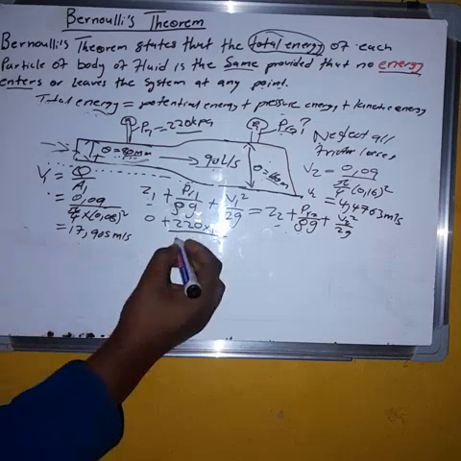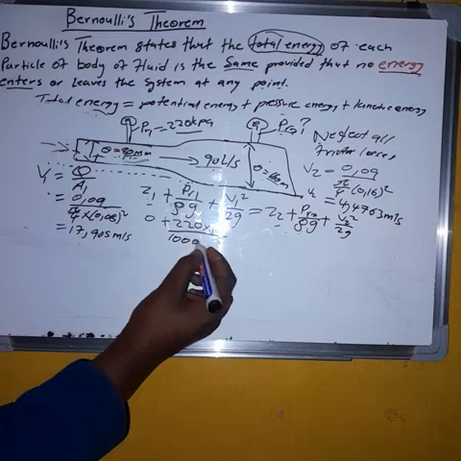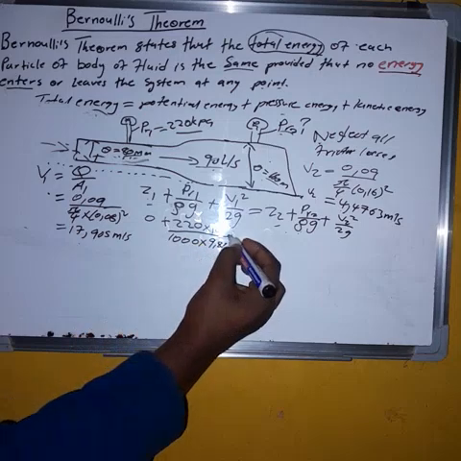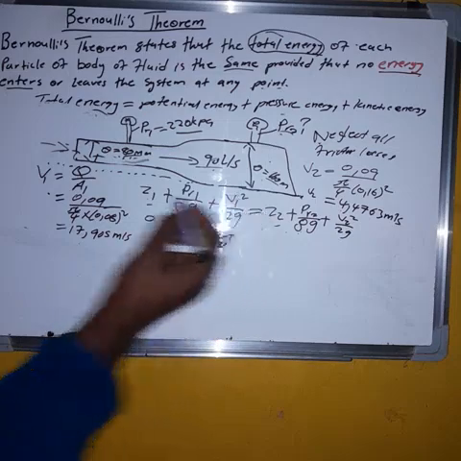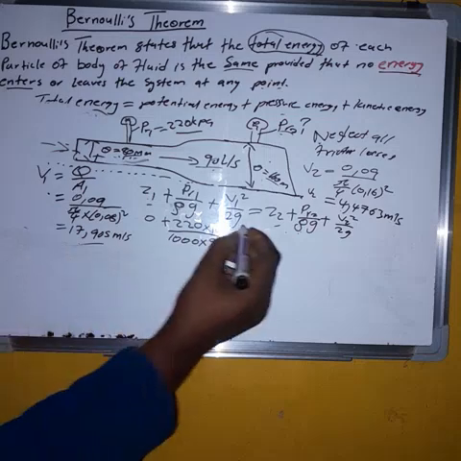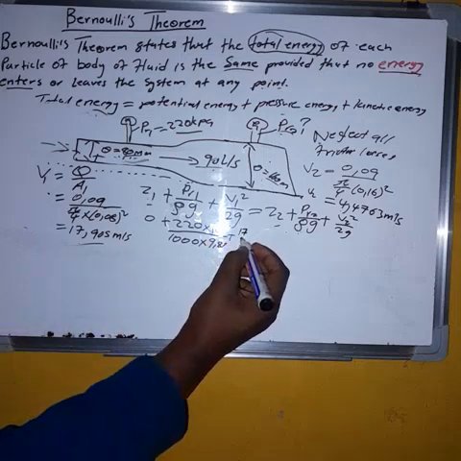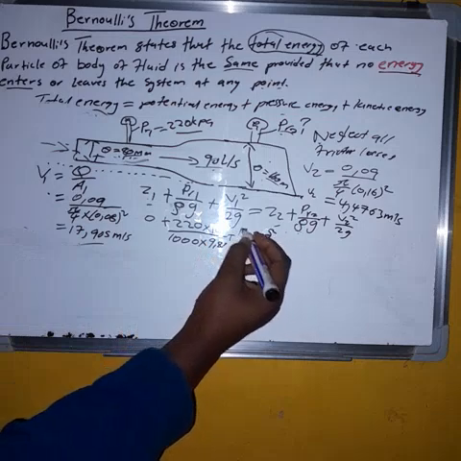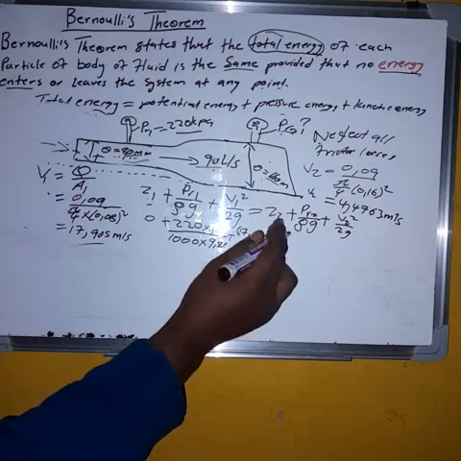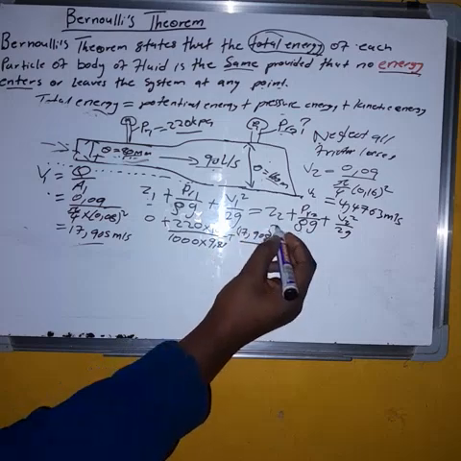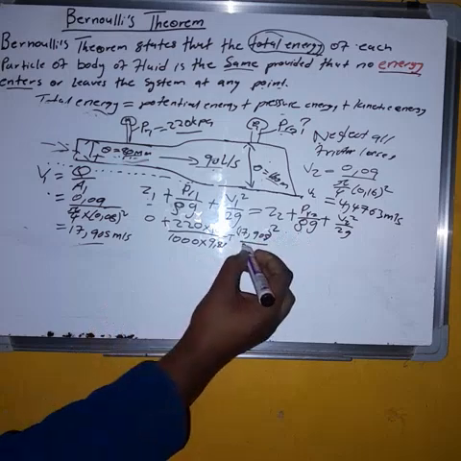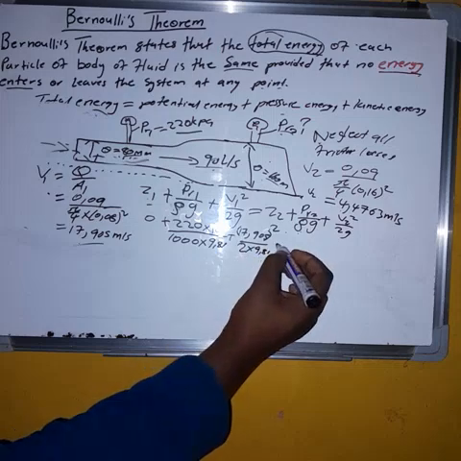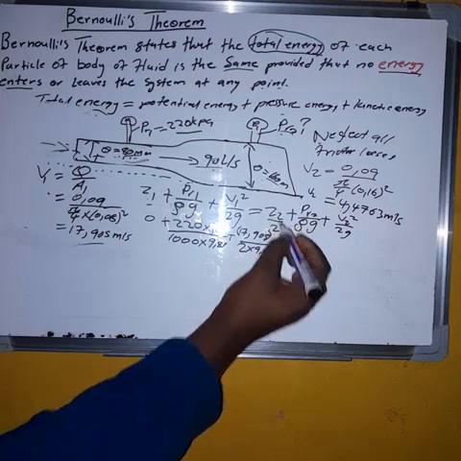So we substitute here: 1000 multiplied by 9.81, plus we have V1, which we calculated as 17.905. We square this, all over 2 multiplied by 9.81.